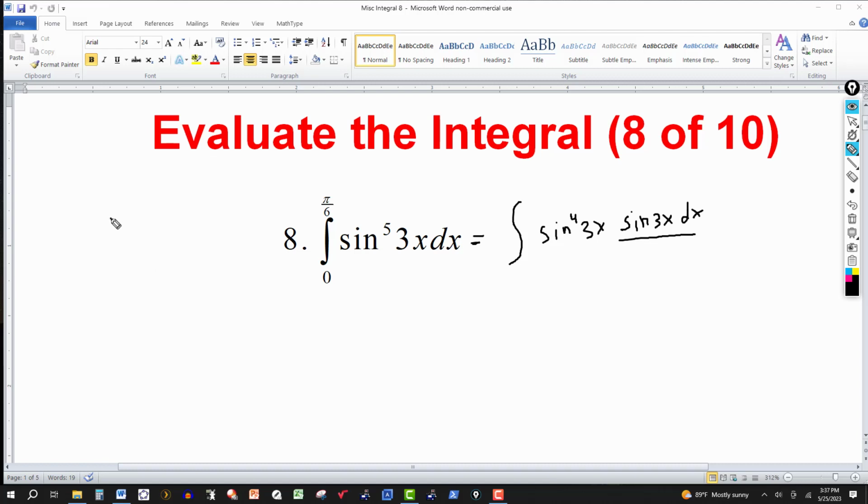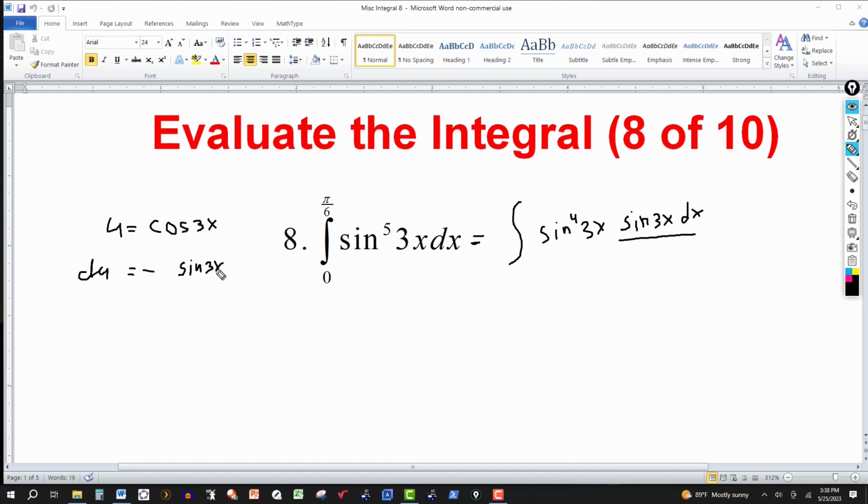So I'm going to start by letting u equal cosine of 3x. Then du, derivative of cosine is minus sine, so it'll be minus sine of 3x.